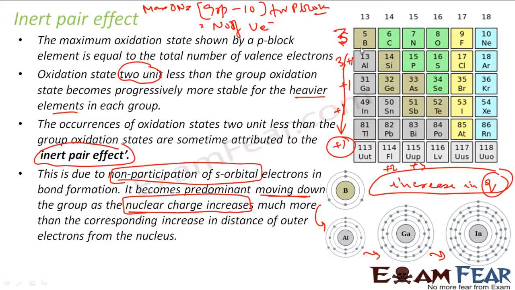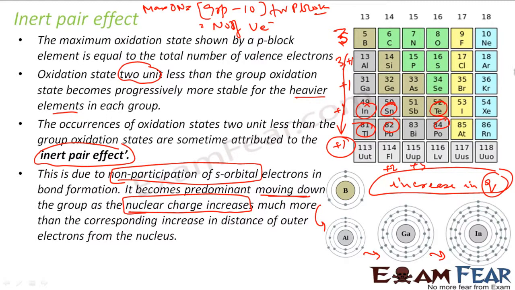The top few elements exhibit the group max oxidation number, but if you go down, the max oxidation number that is expected, they don't exhibit; they exhibit that number minus 2 oxidation state. For example, these exhibit plus 1, these exhibit plus 2, that is 4 minus 2, and these, 6 minus 2, plus 4 oxidation state more often, and they are more stable in the plus 4 oxidation state.